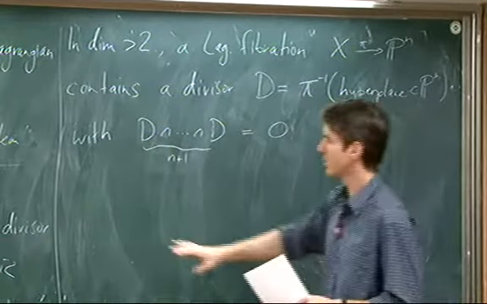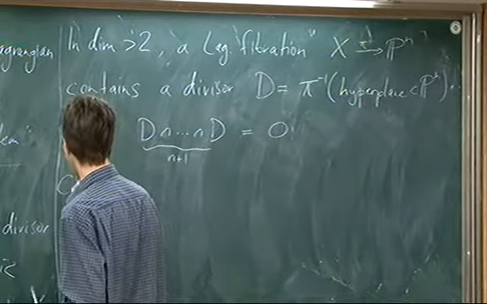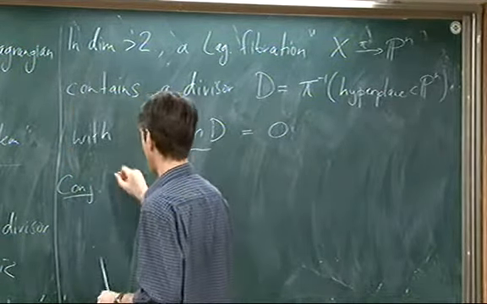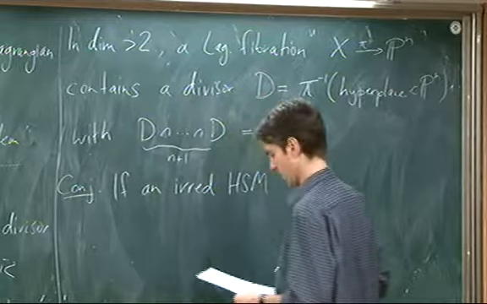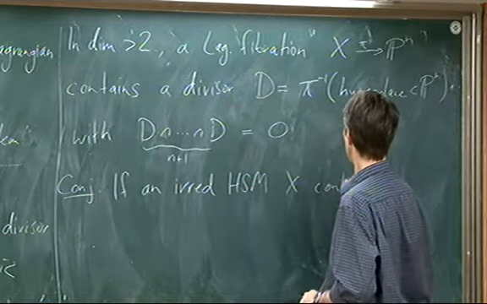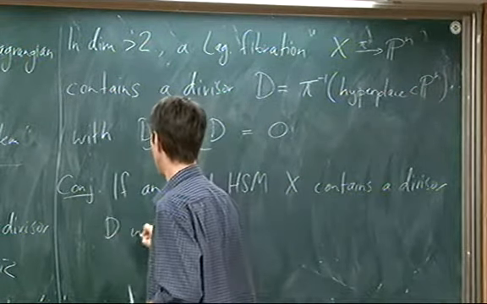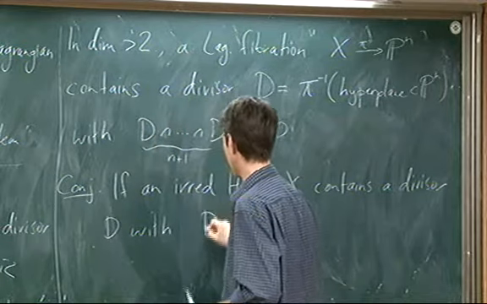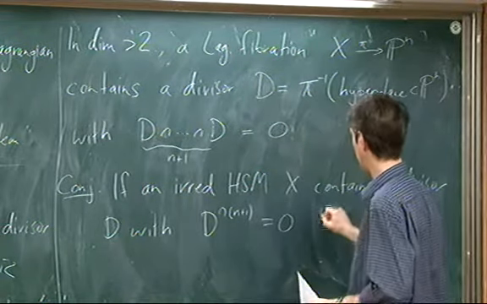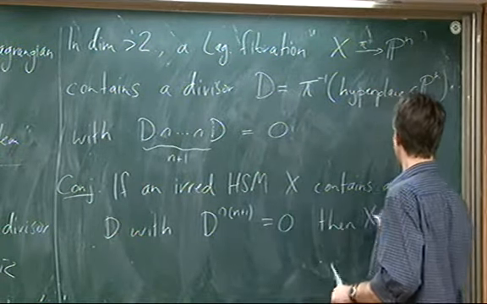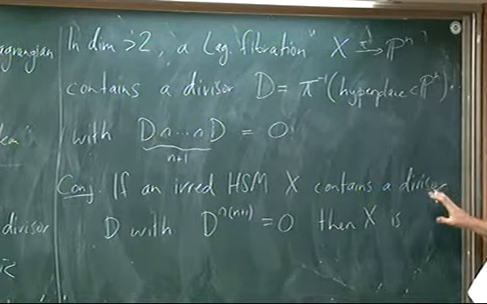So the analog of this result would be the converse of this statement. Okay, but this is still an open conjecture. So it says if an irreducible holomorphic symplectic manifold X contains a divisor D, such that if I intersect that with itself n plus 1 times I get 0, then X is, well, I want to say X is a Lagrangian fibration, but in fact that's not quite true.